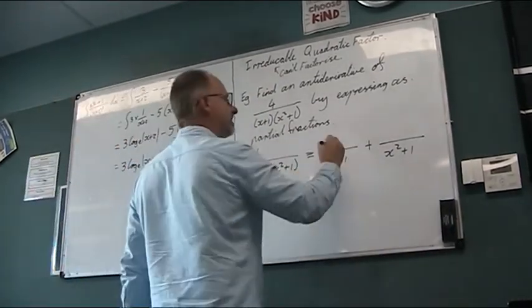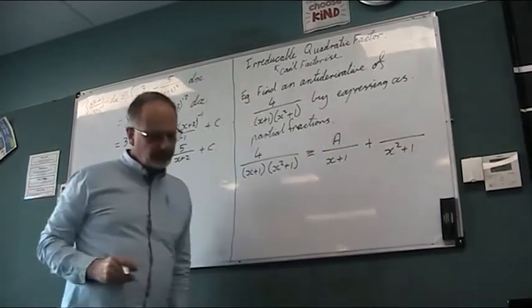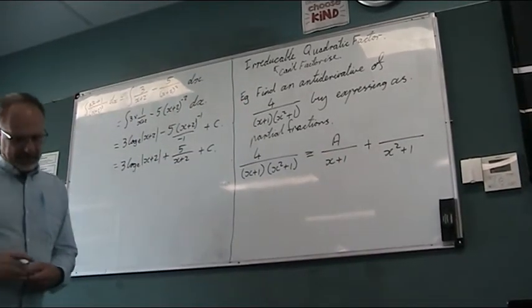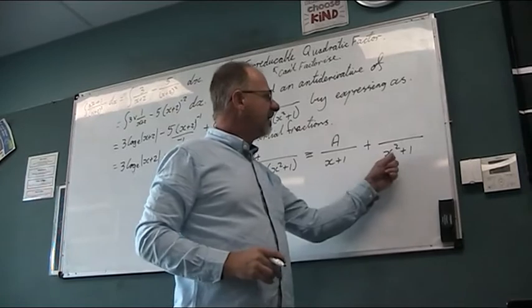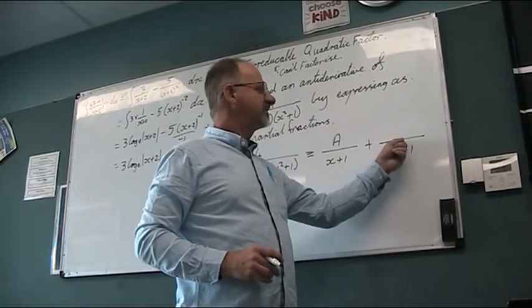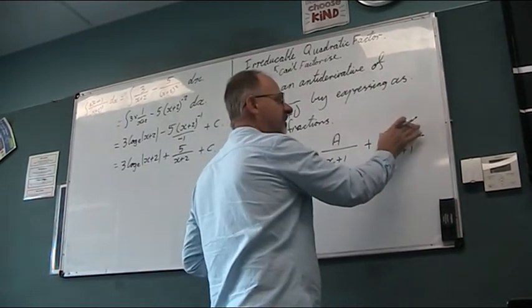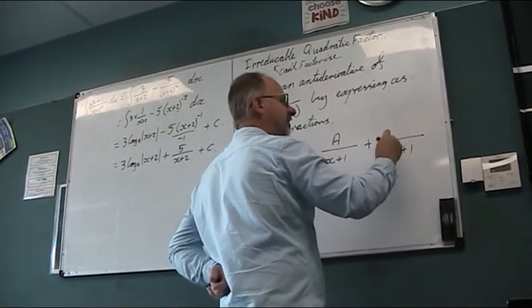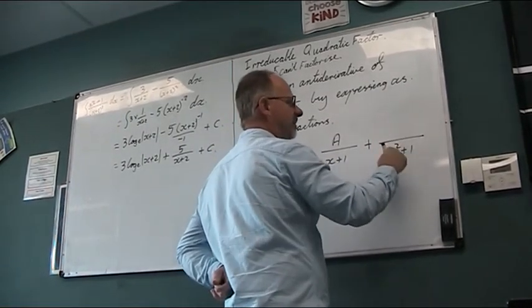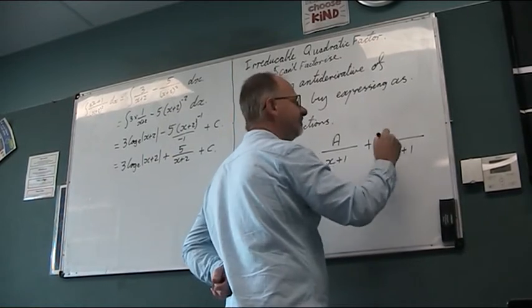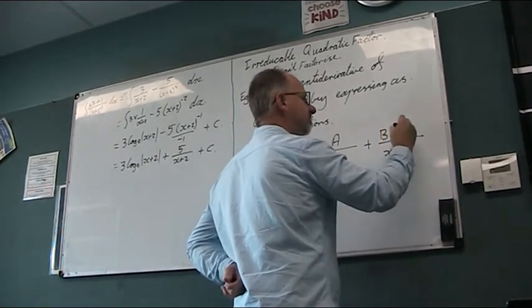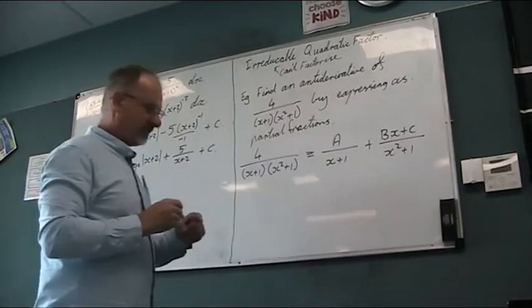This first one's easy enough, that's A. But in this second one, because there's an x squared there, the top becomes a little bit more complicated. It needs bx plus c on the top.